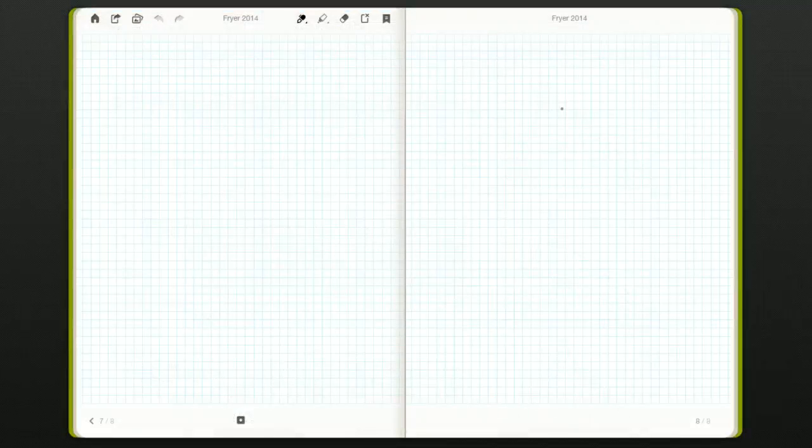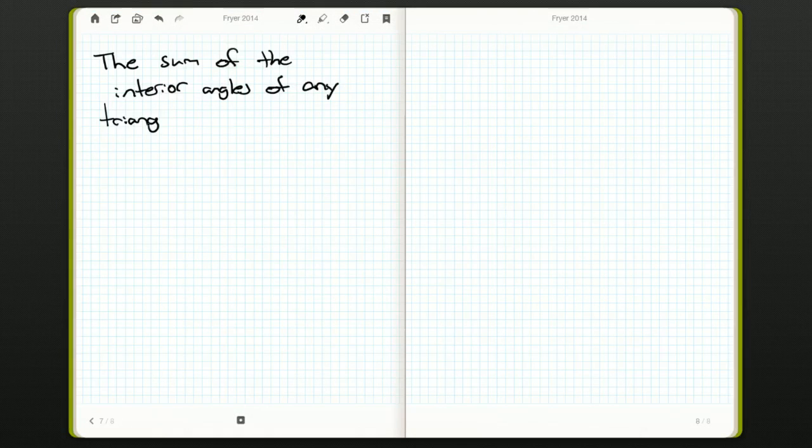So I think it's still covered in the 9th grade curriculum, but it bears writing down. So the sum of the interior angles of a triangle is 180 degrees.